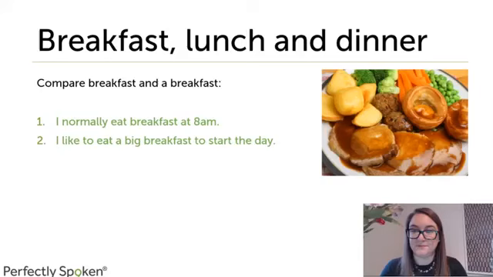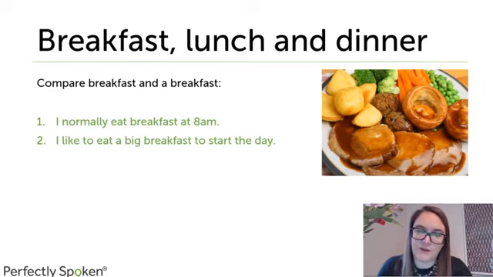Okay, let's move on to another example. Let's compare breakfast, lunch, and dinner. So again, we have two sentences. Number 1, I normally eat breakfast at 8 a.m. Number 2, I like to eat a big breakfast to start the day. What's the difference between sentence 1 and sentence 2? Any ideas?